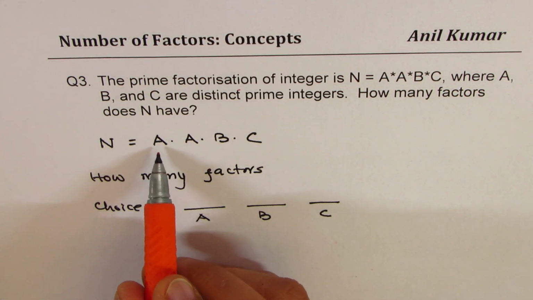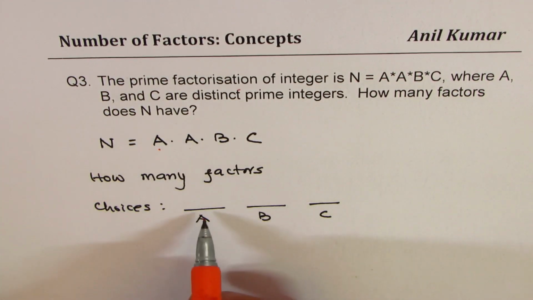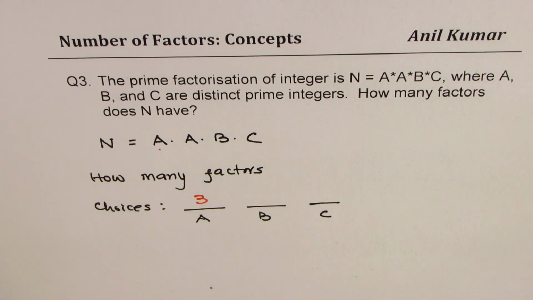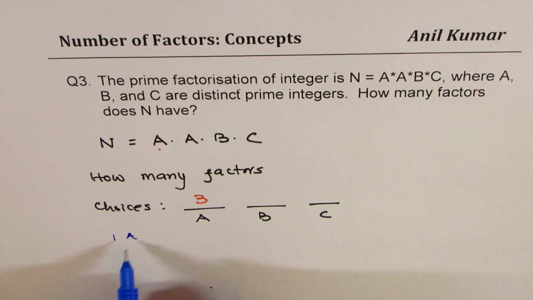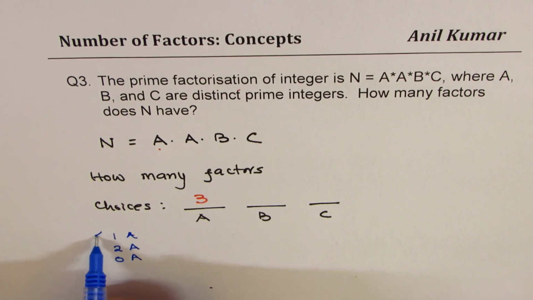So we can take one A, we can take both of them, or none of them, right? So here we have 3 choices. That means we could take 1A, we could take 2A, or we can take no A. Do you understand? So these are the 3 choices.